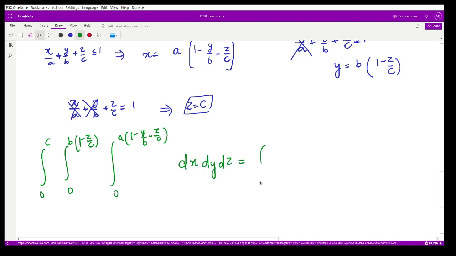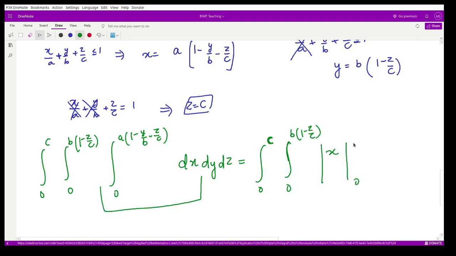that is equal to integration from 0 to c of the quantity, where the second integration limit would come as such. Firstly we'll perform the integration with respect to x, this much portion, so that would be equal to x, and the limits are from 0 to a(1 - y/b - z/c) dy dz as such.